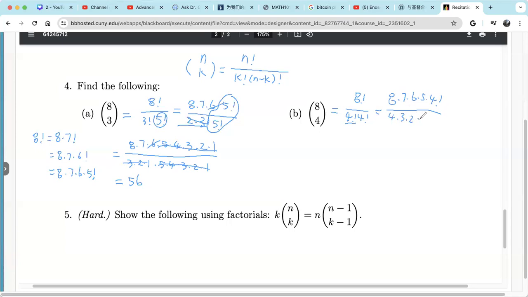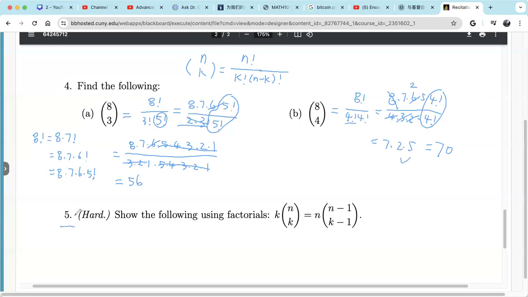Because 1 doesn't contribute anything in multiplication. Then 4 factorial divided by 4 factorial becomes 1. Now we have 2 times 4, which is 8. Simplify with this. Then 3 goes into 6 twice. So we're left with 7 times 2 times 5. 2 times 5, 10. So we have 70. So out of 8, we want to pick 4. There's 70 ways of doing that.